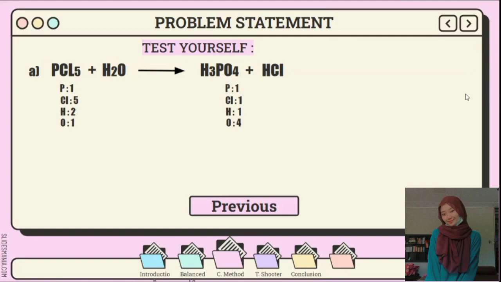As we can see here, on the reactant side, there is only 1 atom of phosphorus, for chlorine we have 5, hydrogen 2, and oxygen 1. Meanwhile, for the product side, we have 1 atom of phosphorus, 1 atom of chlorine, 1 atom of hydrogen, and 4 atoms of oxygen.